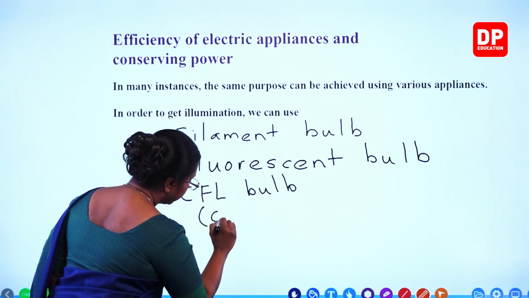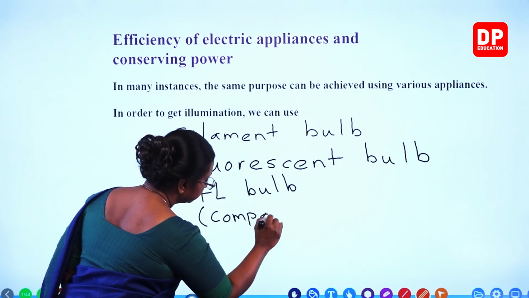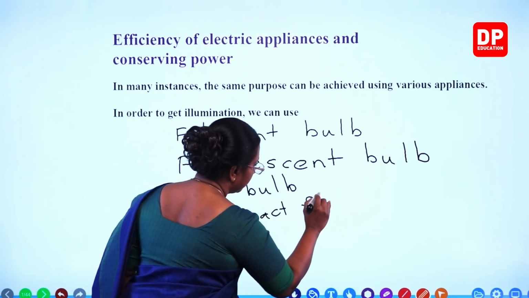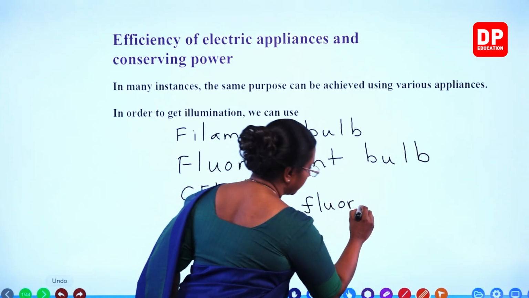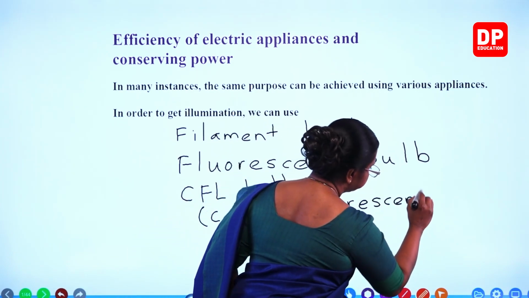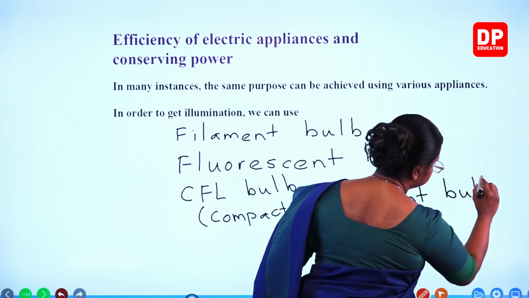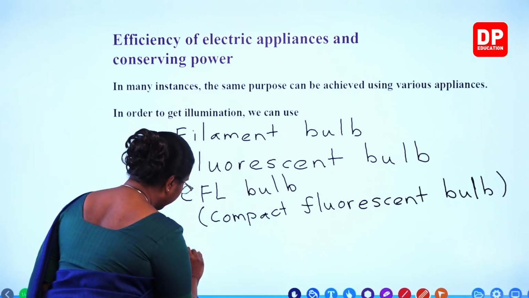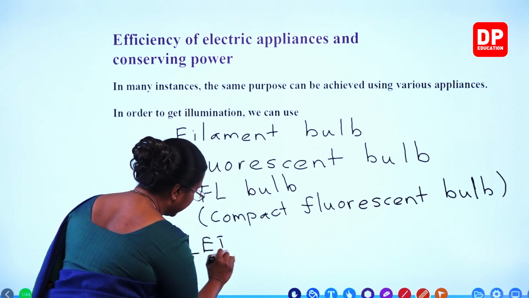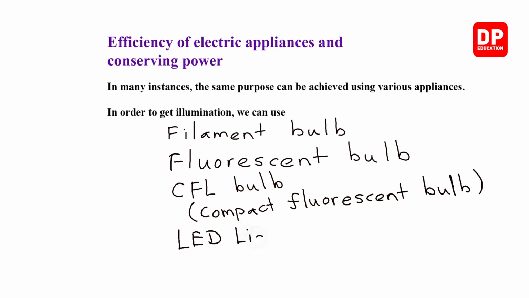CFL means compact fluorescent bulb. Then we can use LED lights. LEDs are light emitting diodes.